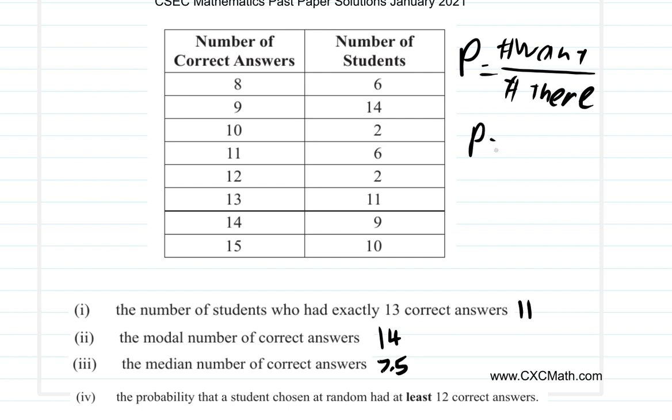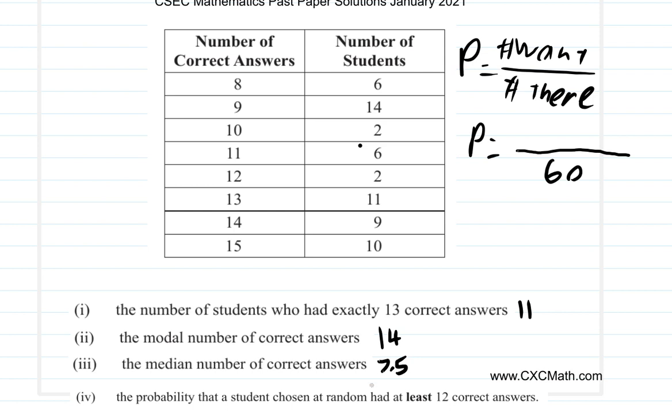We want number of students with at least 12 correct answers divided by number of students that is there, which is what? 60 students. Alright, 12. Number of students with at least 12 correct answers.